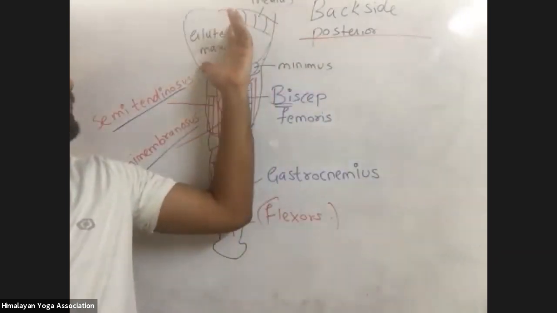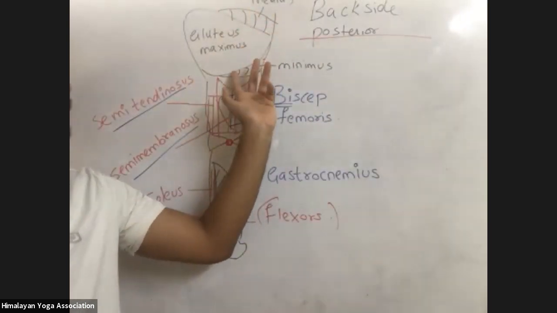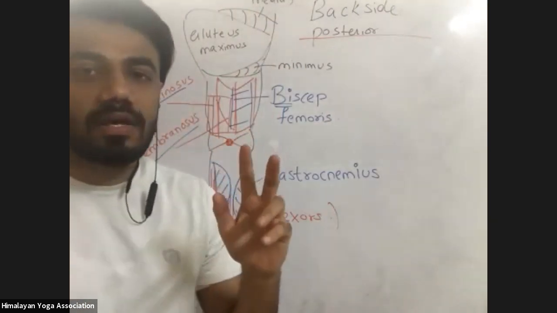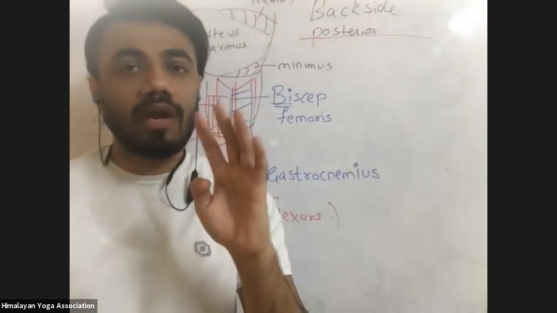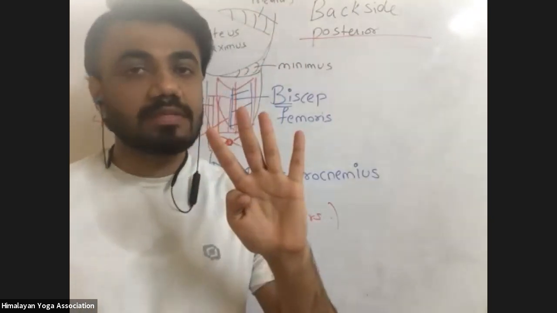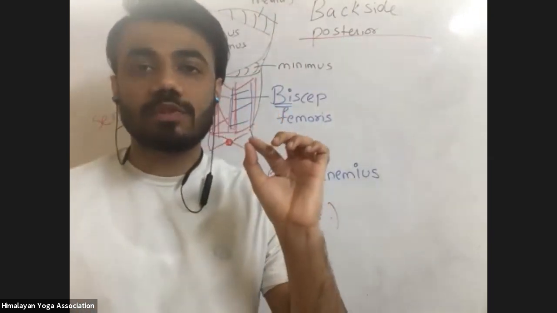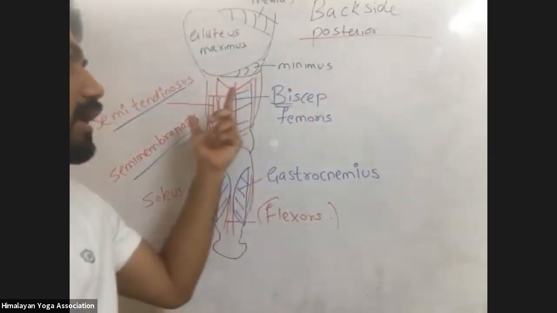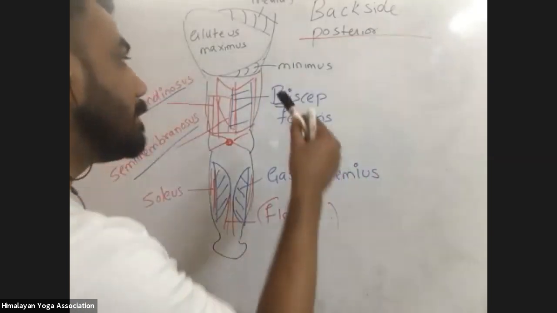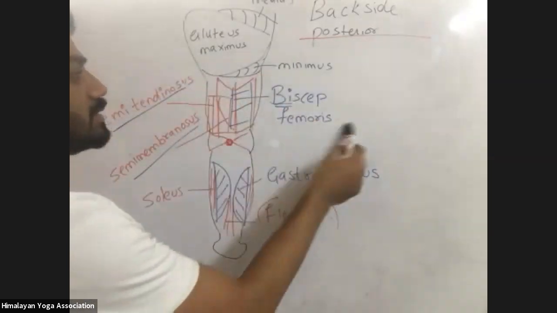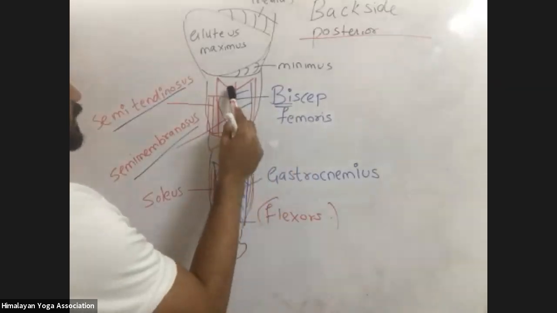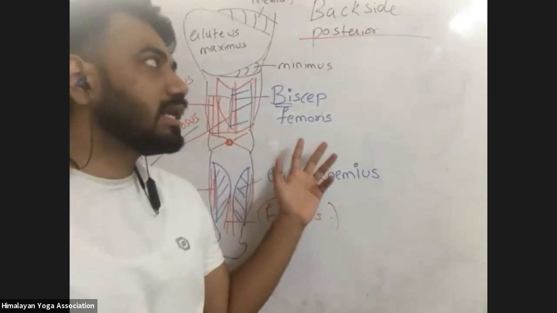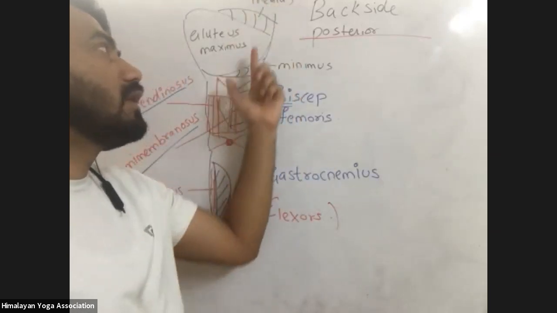So gluteus maximus, medius and the minimus underneath. Below we have the hamstrings. Unlike in the front of our thigh, the quadriceps, the quads, made up of 4 muscles: rectus femoris, vastus lateralis, medialis, and intermedius. 4 sets of muscles make the quads, but at the back of the thigh, hamstrings: biceps femoris, semitendinosus, and semimembranosus. This is all also connected with our pelvic joint.